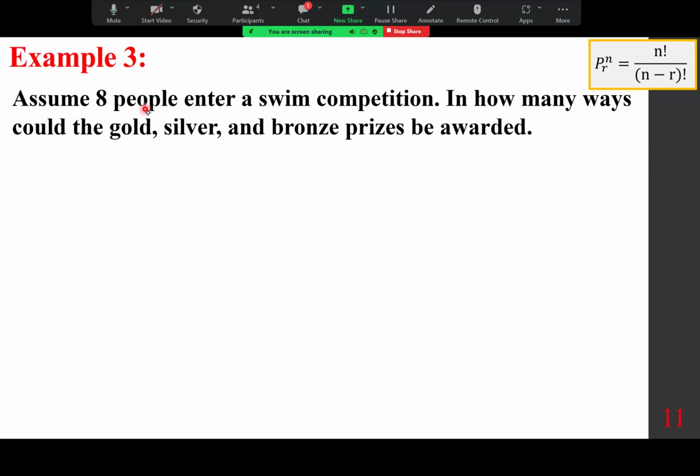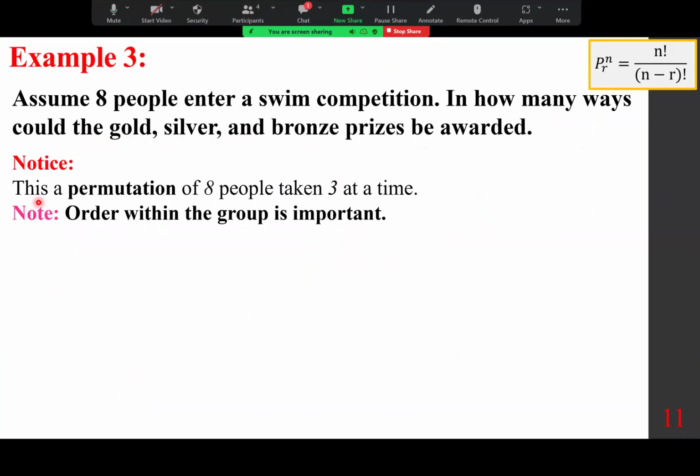Assume 8 people enter a swim competition. In how many ways could the gold, silver, and bronze prizes be awarded? Obviously, order matters. This is a permutation of 8 people taken 3 at a time. Note, order within the group is important.